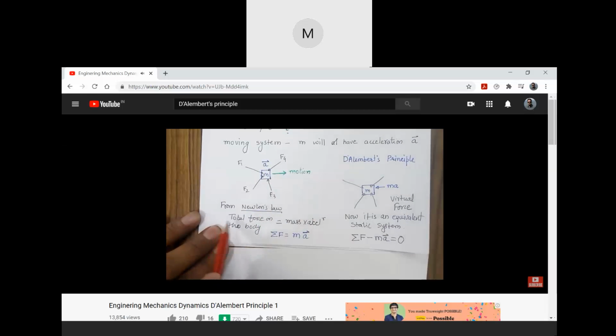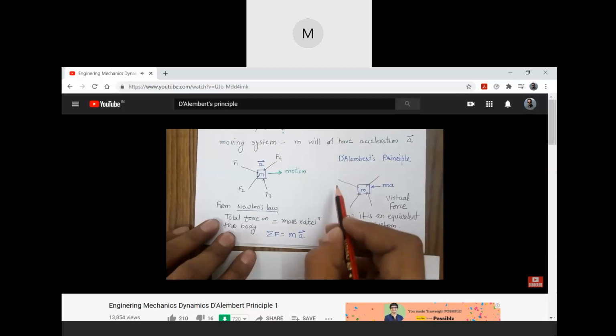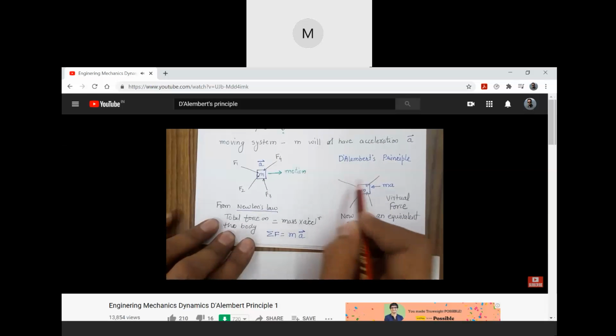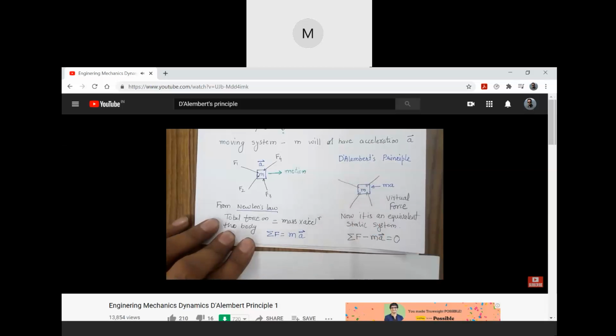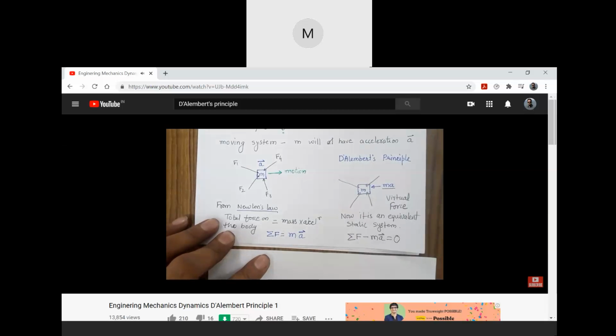Now from Newton's law we can say that the sum of all the forces will be equal to mass into acceleration. Based on this philosophy, D'Alembert's principle says that you have four forces, and because of the four forces the system is moving, so let's make the system static by adding a virtual force of magnitude m into a. Please understand what we are doing.